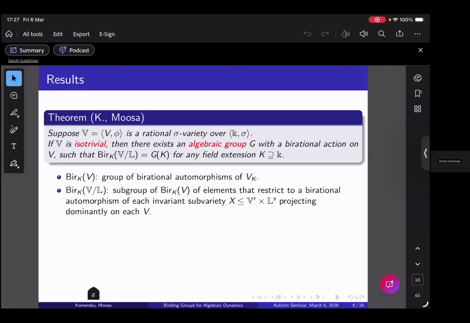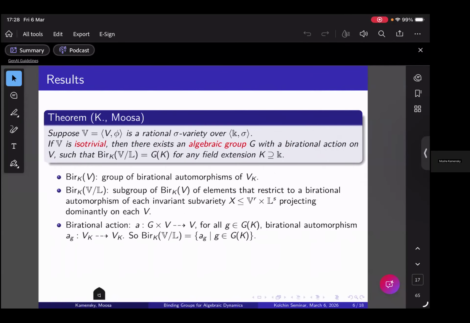So I take a birational automorphism. It acts on powers of V, it acts trivially on the affine space, and I consider only those that preserve the invariant subvarieties for the dynamics. What's L here, Moshe? L is the affine line with trivial dynamics. So this is some subgroup.